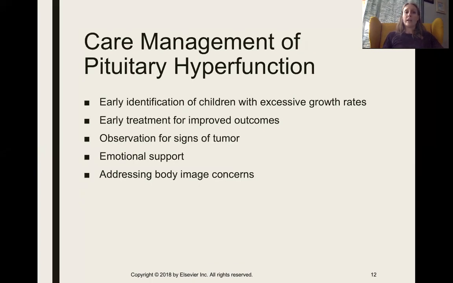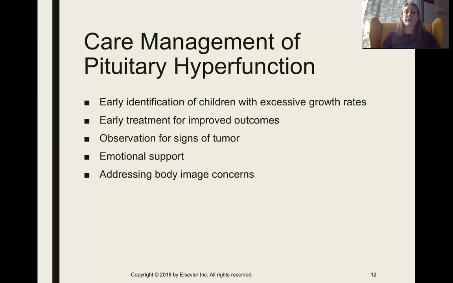So as with any sort of dysfunction, the earlier we catch it, the better the results are. And we're going to treat as much as we can. Some of the things that we can do treatment-wise is we can do surgical interventions. We might do radiation of the tumor itself.